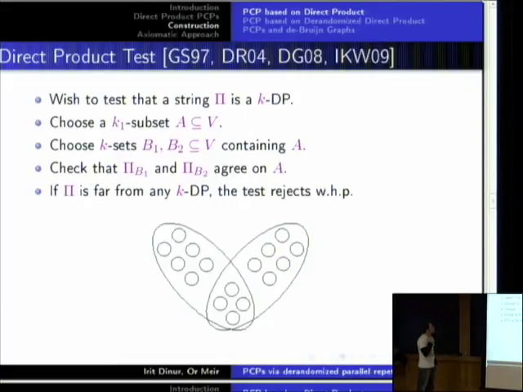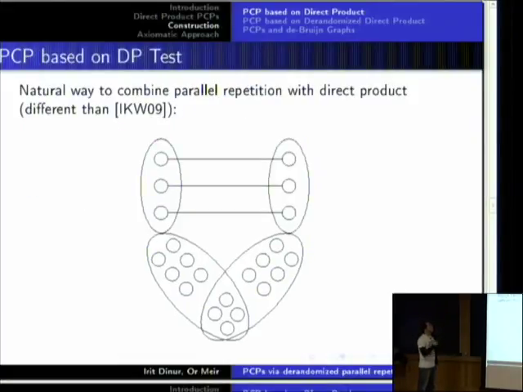Okay, so now what is the natural way to combine parallel repetition with the direct product test? I think the most natural thing to do is just to combine the left query of the direct product test with the left query of the parallel repetition, and the right query of the direct product test with the right query of the parallel repetition.